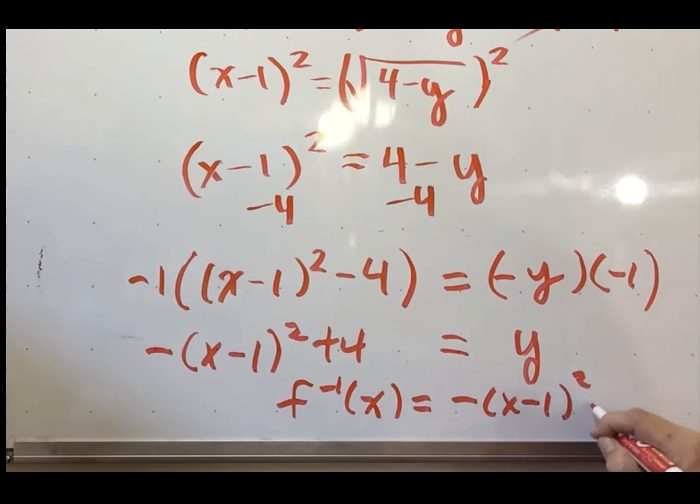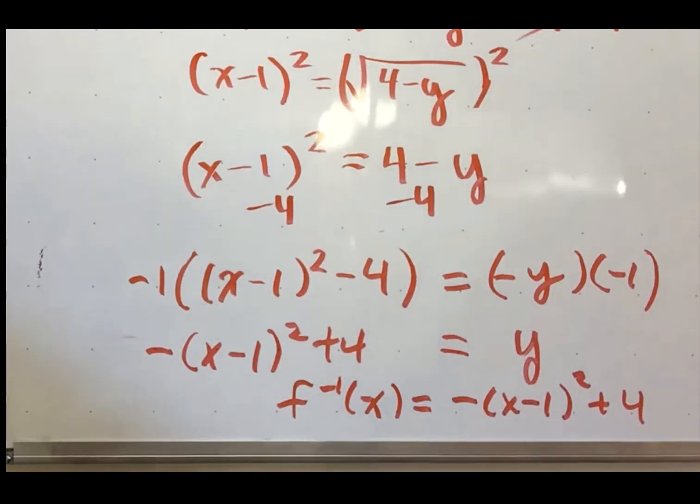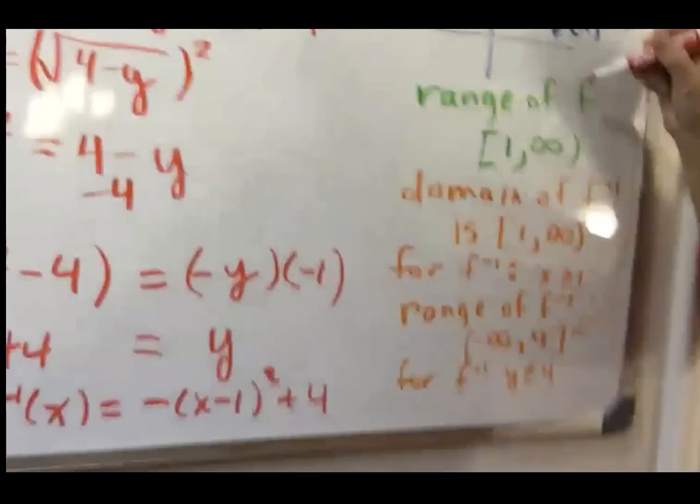But now I want to think about it and make sure it makes sense and see if there's any little details that we need to finesse. So I want to go back to this picture, so you can see what I'm pointing to.